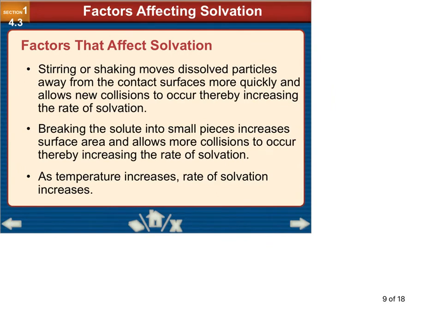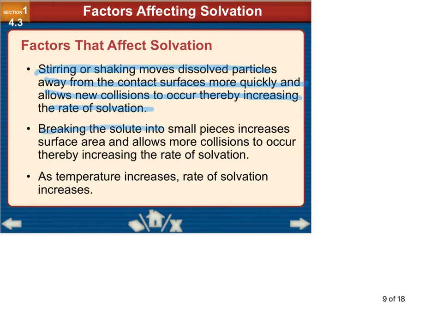Things that will affect solvation: if we stir or shake, it will speed up the rate of solvation because it causes the dissolved particles to move away more quickly and allows collisions to occur. Anything that will increase the collisions is going to increase the rate of solvation.